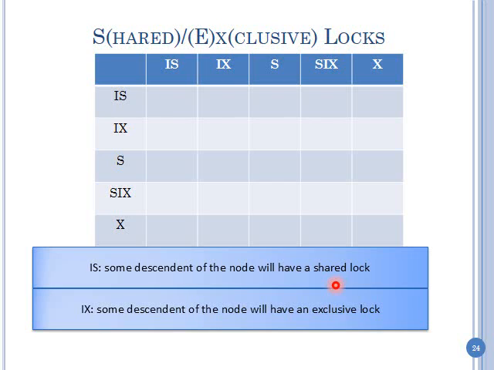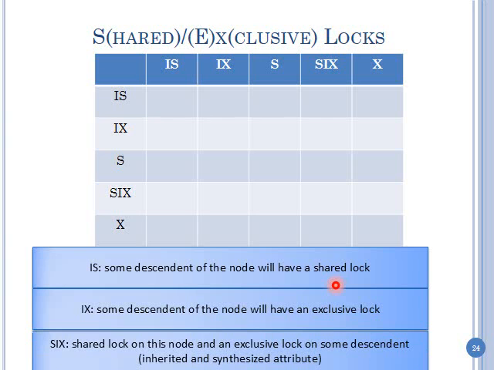So it's really trying to say that I'm going to lock this whole tree. You're going to read the whole document, and then you're going to change the abstract. So, a shared lock on this node and an exclusive lock on some descendant. It's like an inherited and a synthesized attribute.